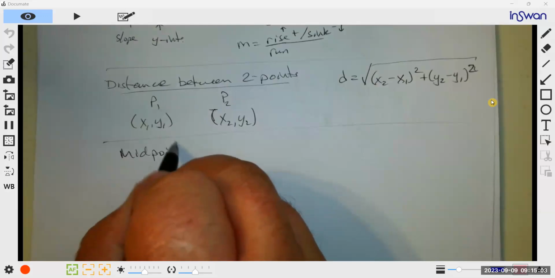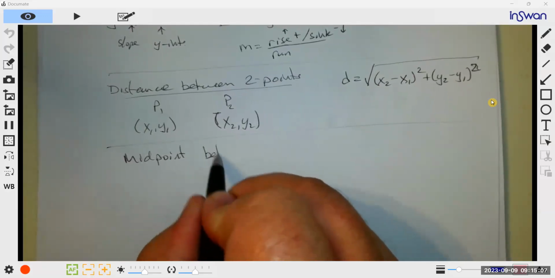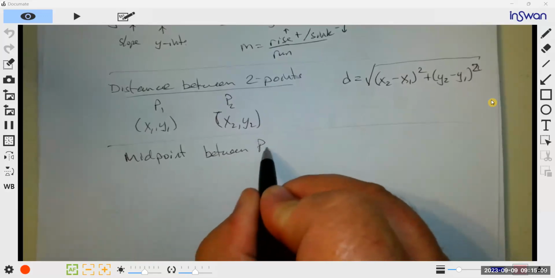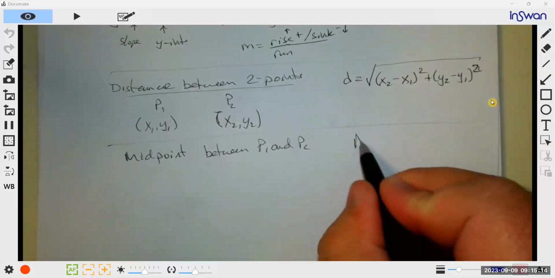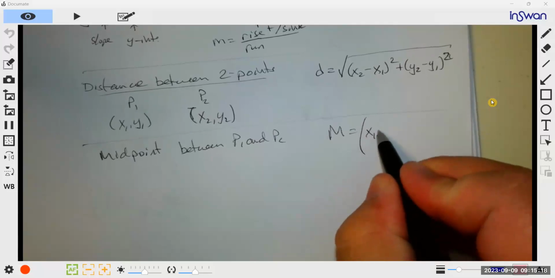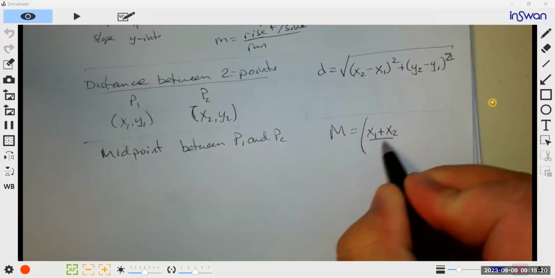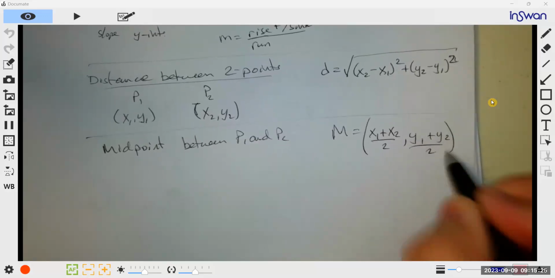The midpoint between point 1 and point 2 is capital M equals, remember, it's a point. So we have x1 plus x2 over 2, y1 plus y2 over 2.